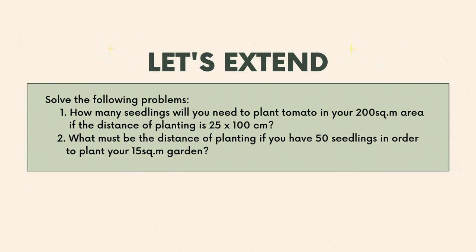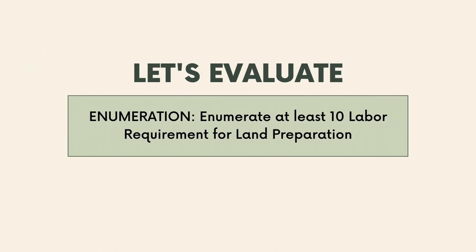Number 2, what must be the distance of planting if you have 50 seedlings in order to plant your 15 square meter garden? Now lastly, enumerate at least 10 labor requirements for land preparation.